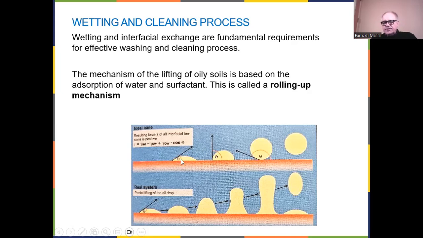As we soak this in surfactant solutions, the contact angle keeps increasing, and eventually a complete sphere forms, and basically the oil is removed from the surface. This mechanism is known as rolling up. It's important for removal of oily, greasy soils.